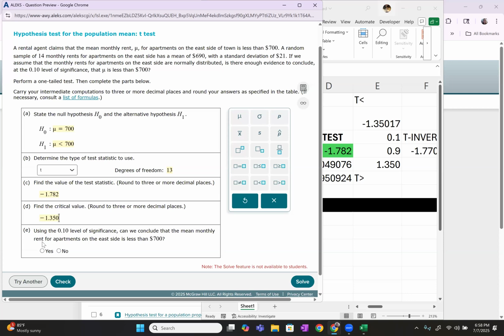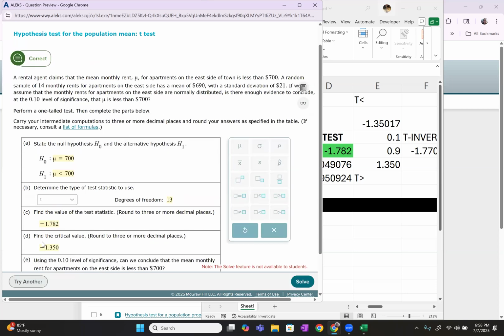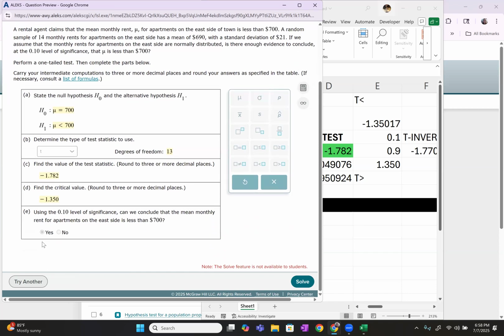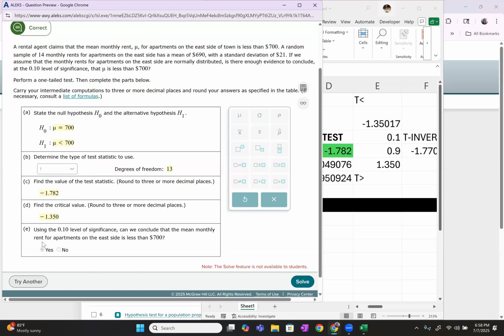Yeah. So yes or no? That would be a yes. You sure? Oh, no, we need to reject the null. So yes, actually you were correct. It's yes. It's 1.350.